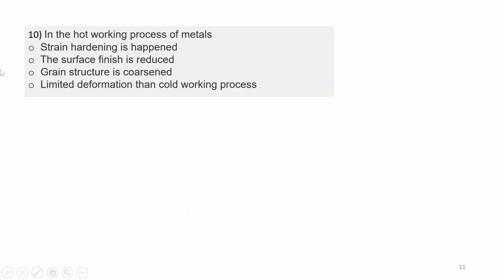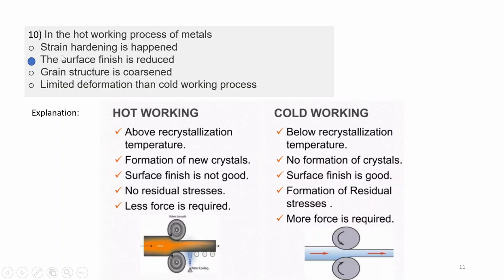Next question is, in hot working process of metals, strain hardening is happened, the surface finish is reduced, grain structure is caused, and limited deformation than cold working processes. So answer will be second, because other processes are incorrect.